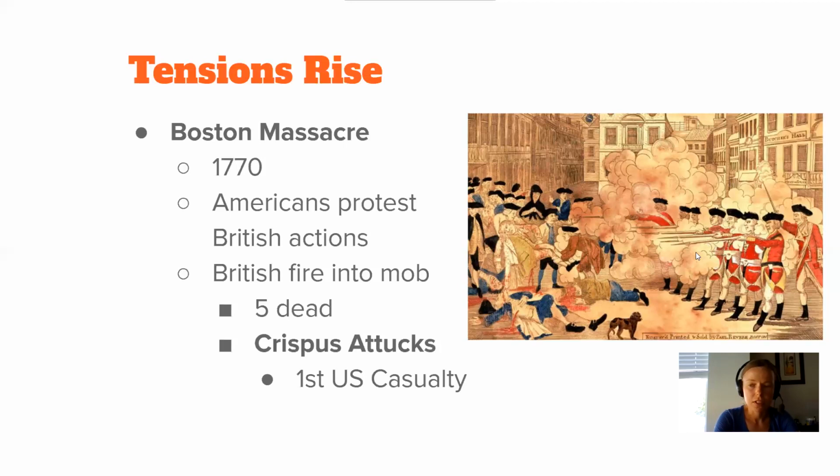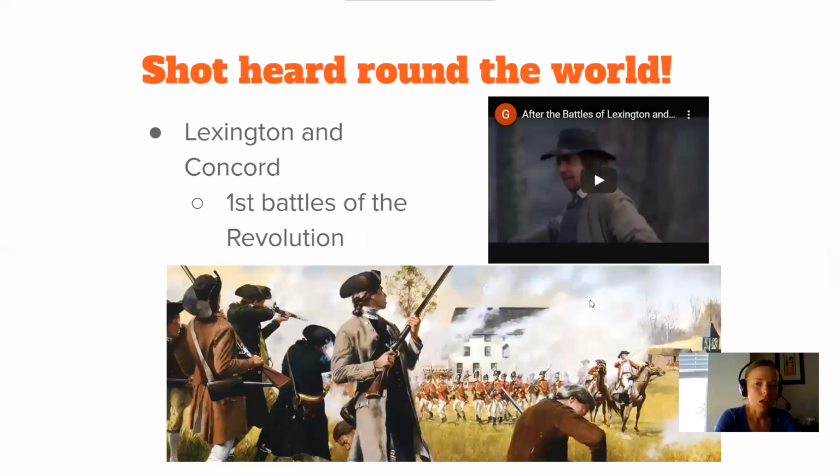And the person that will defend these British soldiers on trial is none other than John Adams, our second president, eventually. John Adams actually defends these people, and it was his own cousin, Samuel Adams, one of the leaders of the Sons of Liberty, who had been trying to get these soldiers found guilty of murder.